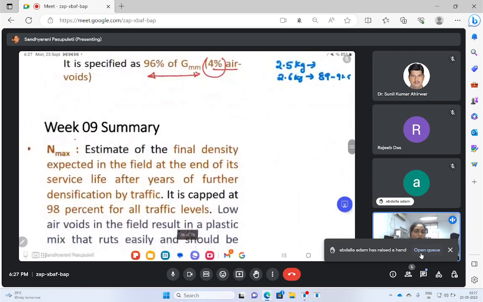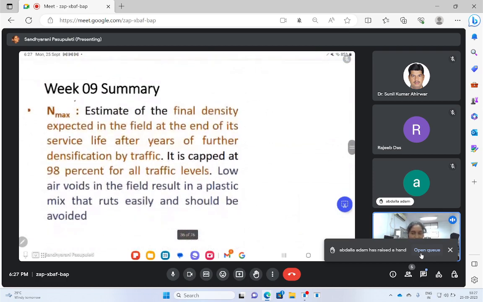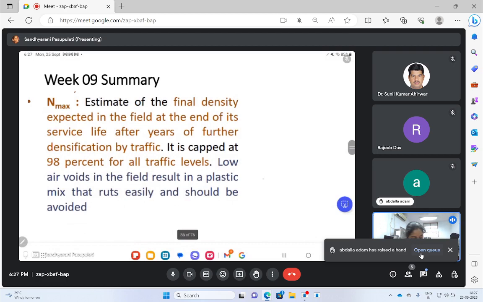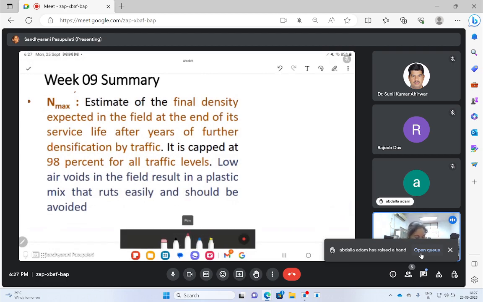So once these two are satisfied, that is not the final mix, because we also have to check another, that is N maximum. Let us say in the field, if the vehicle traffic is much more than expected, then we have to limit the air voids in the mix to the least possible, let us say 2%.